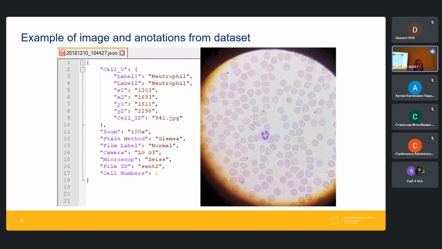The cell is actually labeled by 2 experts, and they identified the X and Y coordinates of the cell. So it would be used for the verification of the system, whether the system decided correctly if the leukocyte is in this position or not.